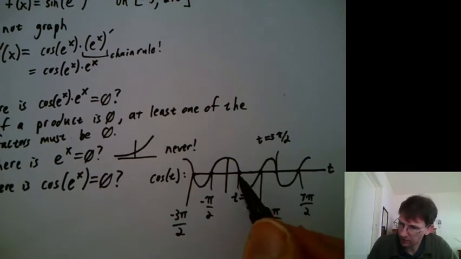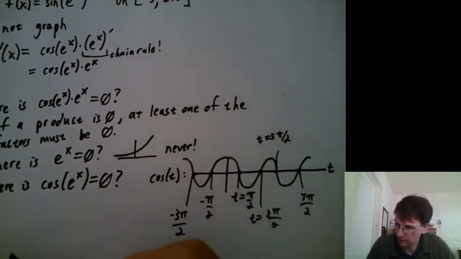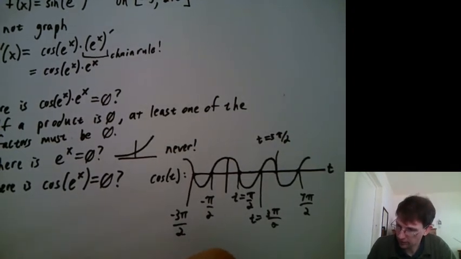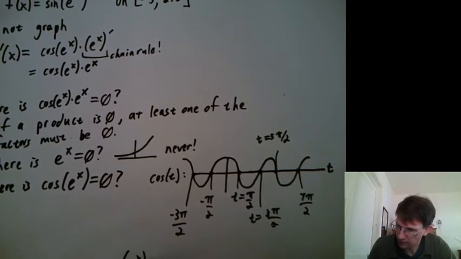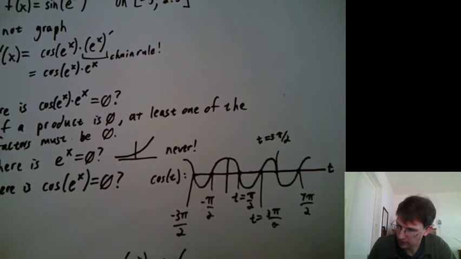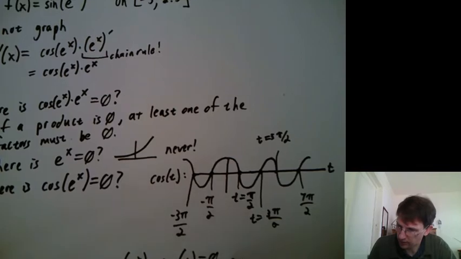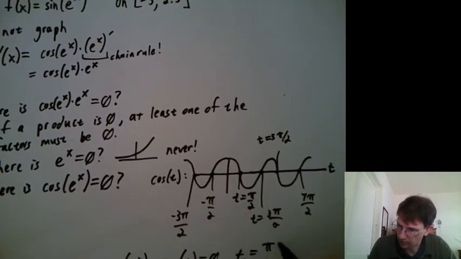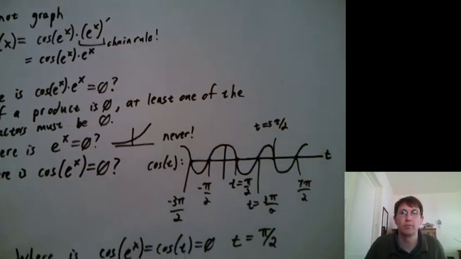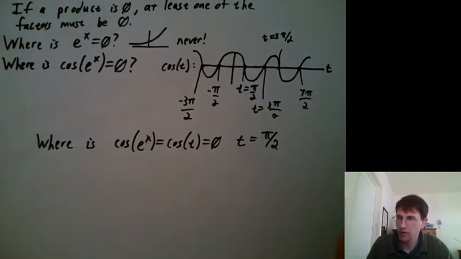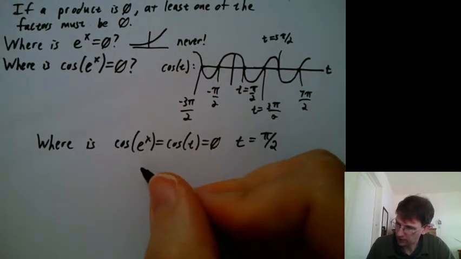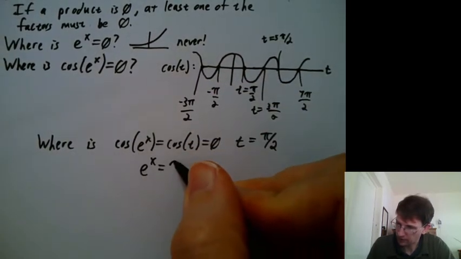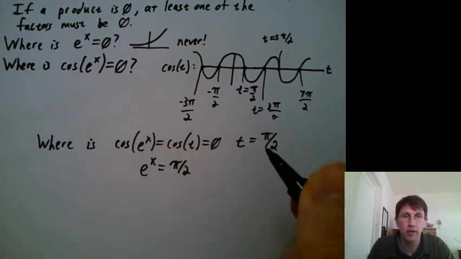So let's pick the first one, the first crossing there. So we're saying where is cosine e to the x, or cosine t, equal to 0 at t equals pi over 2. So that's saying that e to the x equals pi over 2.